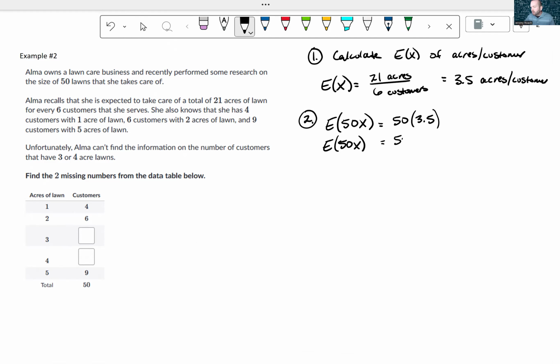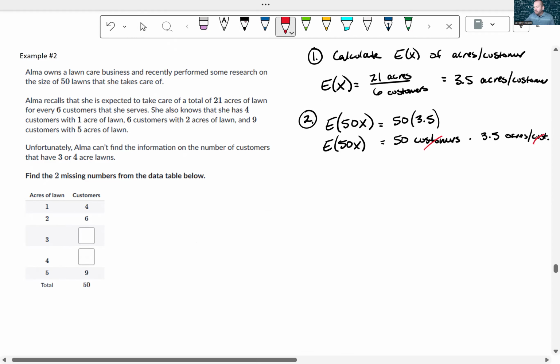So we have 50 customers times 3.5 acres per customer. I'm just going to abbreviate there. Now, when we do this, we end up canceling out the customers, and now we know our expected value in terms of acres.